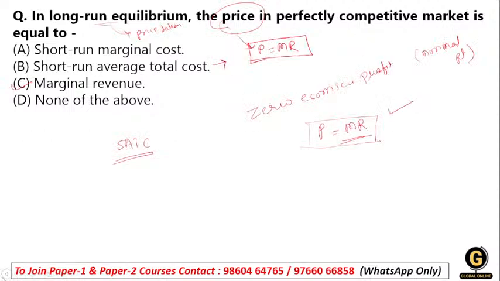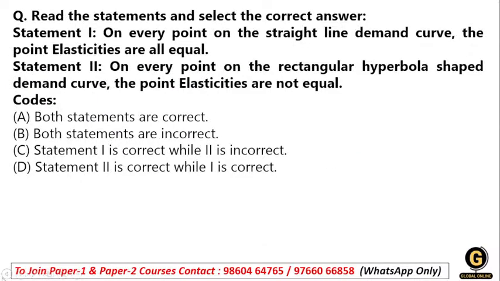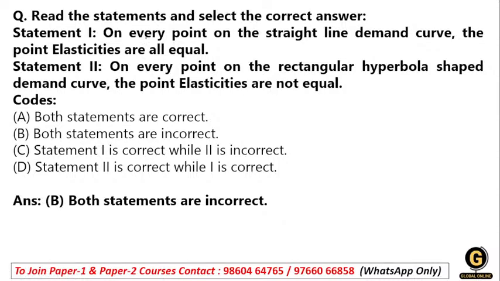Why does this happen? Because in the long run, in perfect competition, they are the price taker, not a price maker. So your additional revenue, that is price, is equal to your marginal revenue. Now the next question, statement number 1: on every point on this straight line demand curve, the point elasticities are equal.